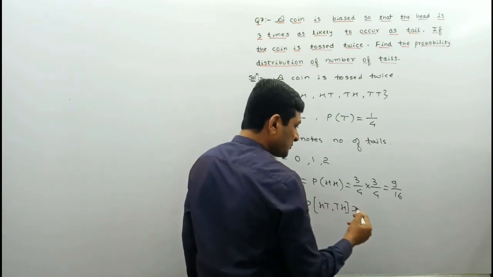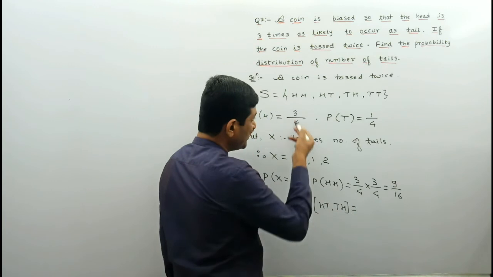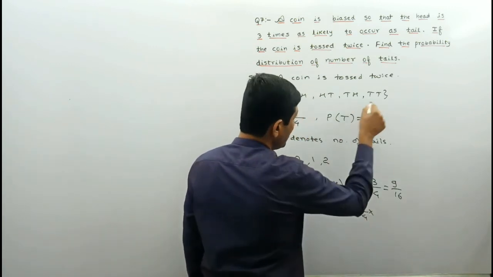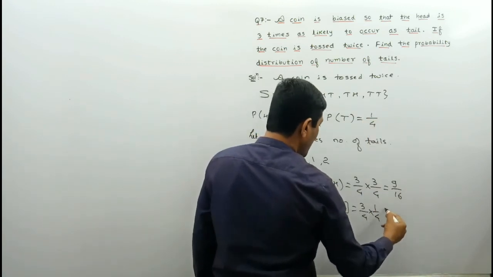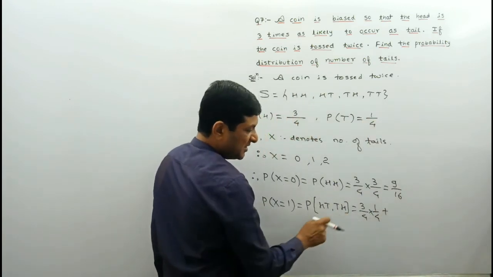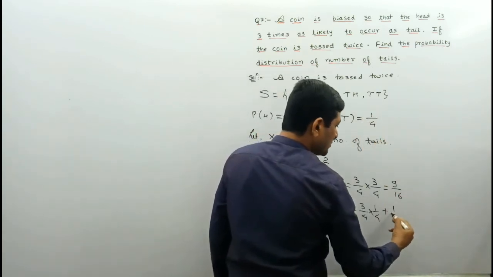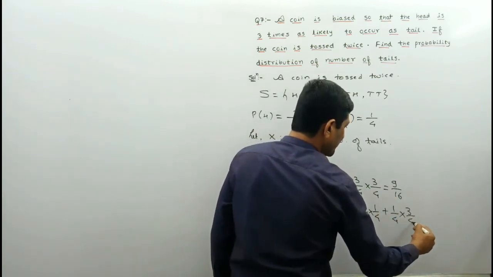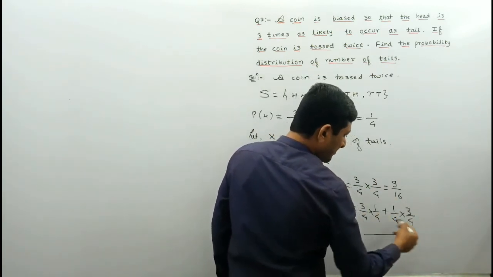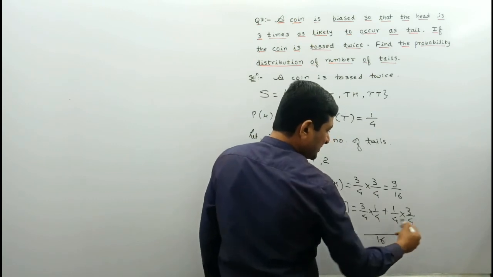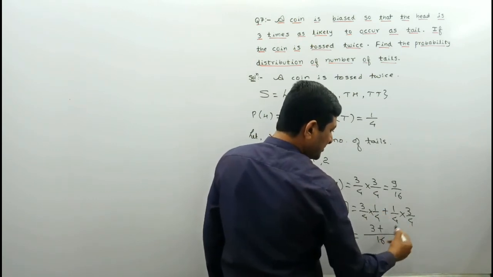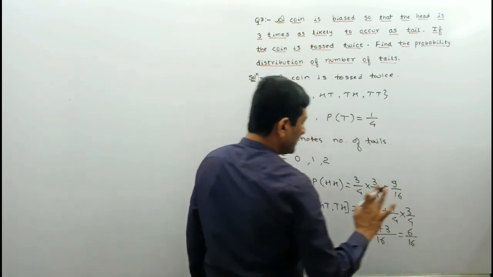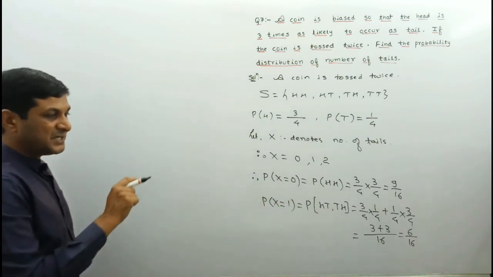If we consider the first possibility, the probability of head is already given to us, 3/4, into tail, whose probability is 1/4. Or if we consider the second possibility, tail has probability 1/4 and head has probability 3/4. The denominators of both terms are the same, 4 into 4 is 16. In the numerator we get 3 and here also 3. 3 plus 3 is 6. So 6 upon 16 will be the probability when x is equal to 1.